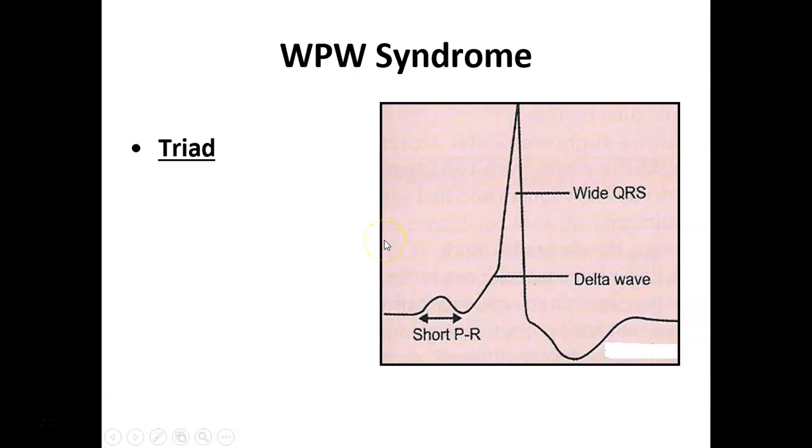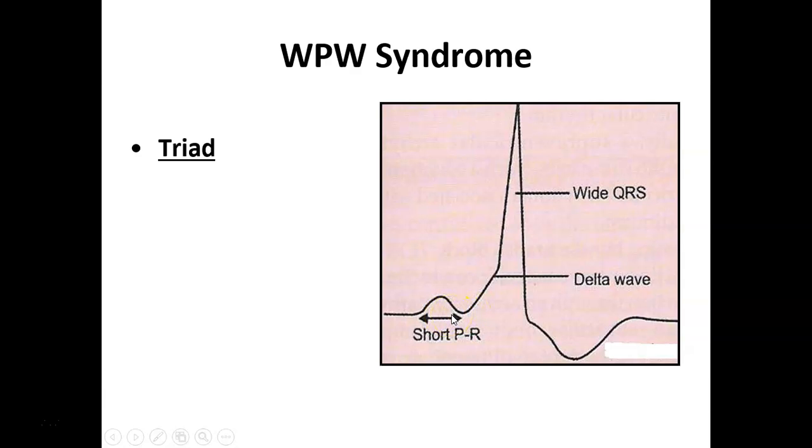If you look at these three features of WPW syndrome, the triad of WPW syndrome, you will get the short PR interval because the impulse bypasses the AV node and reaches the ventricles early. So that's why we get a very short PR interval.